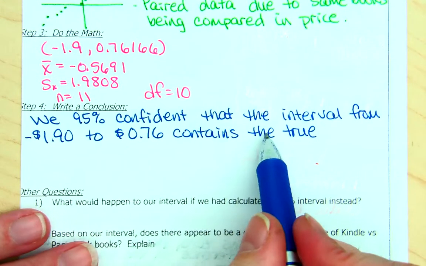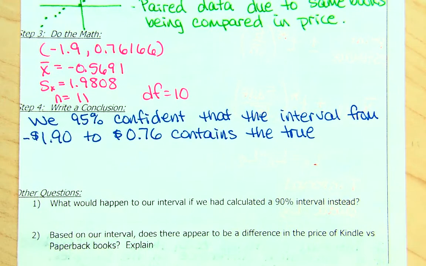And then from here, I'm just copying that sentence that we underlined up above: the true mean difference in the price of Kindle books and paperback books. All of that just gets copied down here.